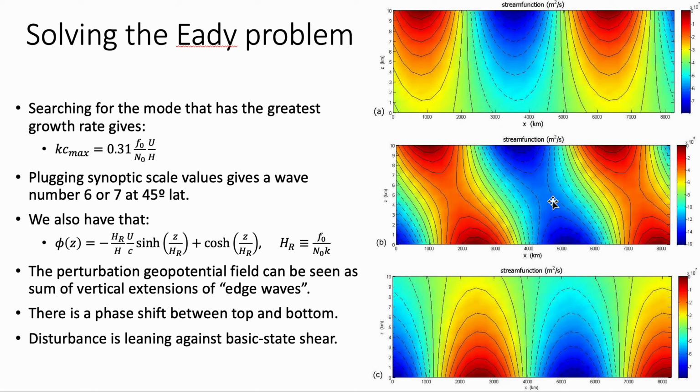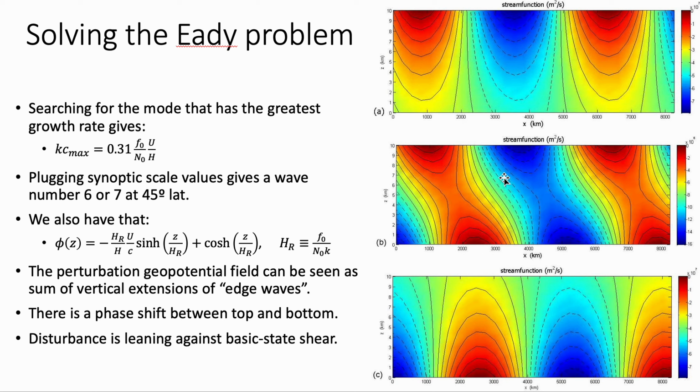This is what the geopotential would look like for this perturbation, and this is reminiscent of what we found when we discussed extratropical cyclones. There was the low level circulation and the upper level circulation. They were not perfectly stacked on top of each other, but there was a phase shift.